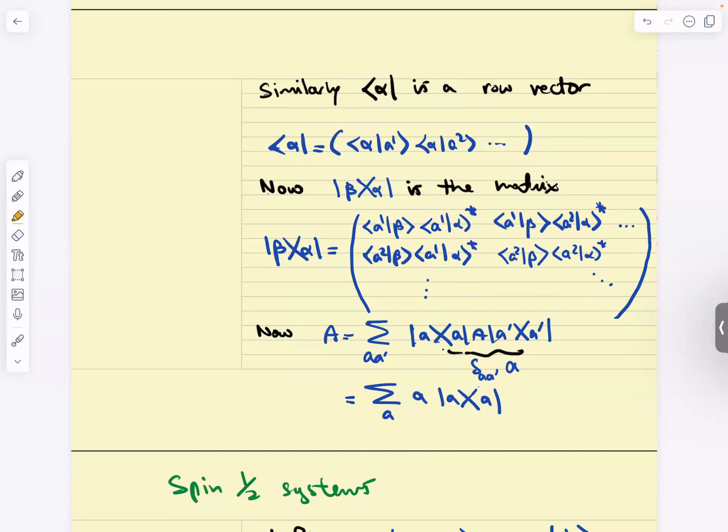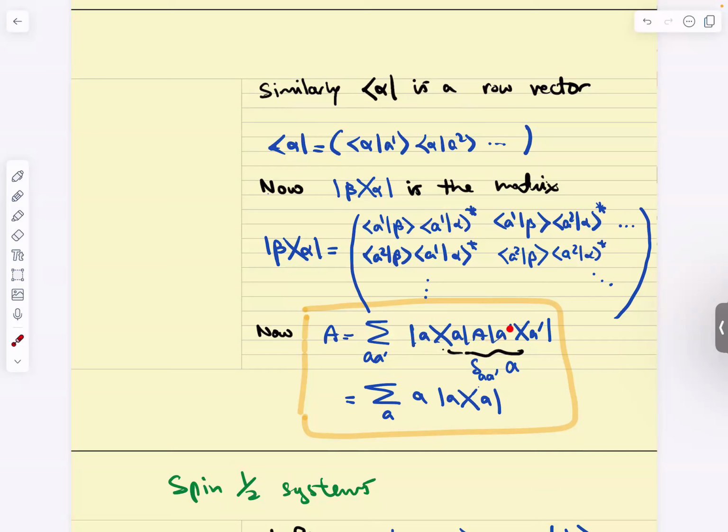Now, here is what I want to emphasize. Consider an observable A. We're going to expand the observable A in its own eigenbasis. So I'm going to put a resolution of identity of the eigenbasis from the left, sum over A, ket bra A, and a resolution of identity on the right.